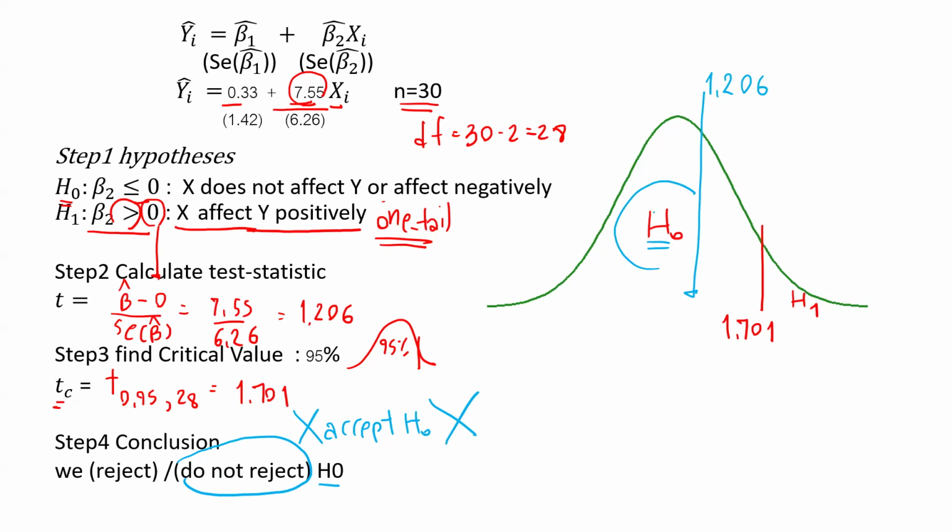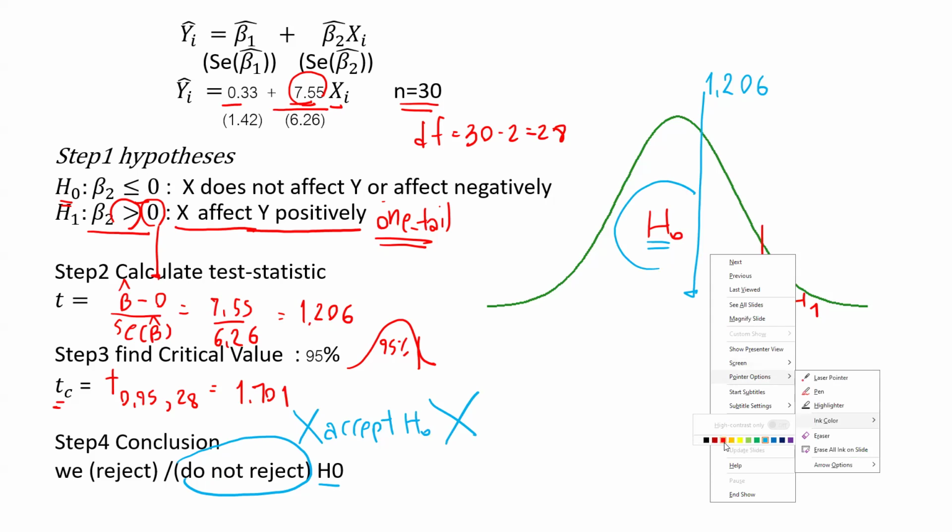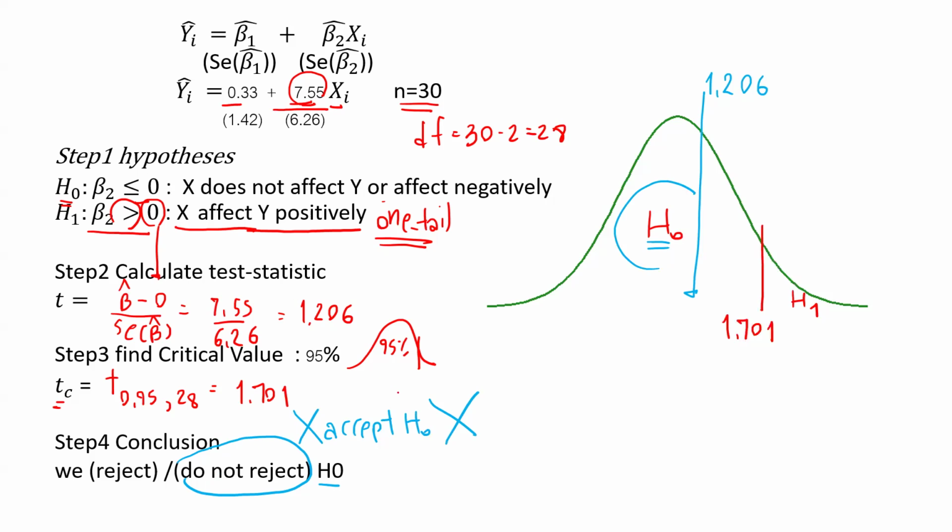Okay, and then you can write down the answer. You may write H1: that we do not reject H0, which means beta 2 greater than 0, X affects Y positively, is not true.